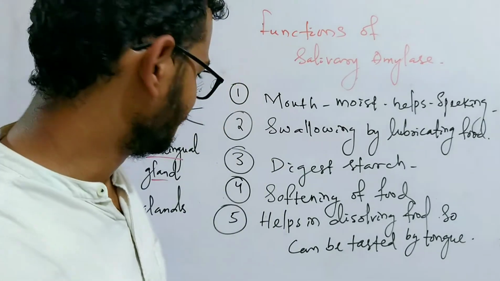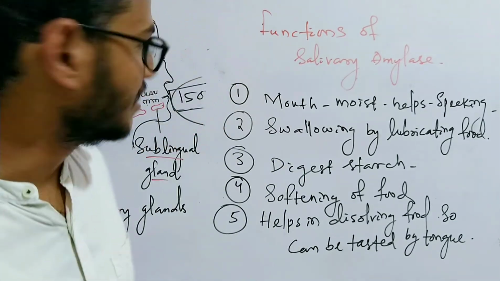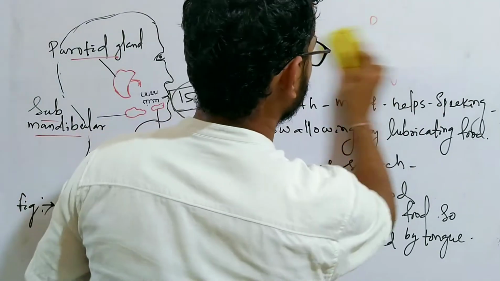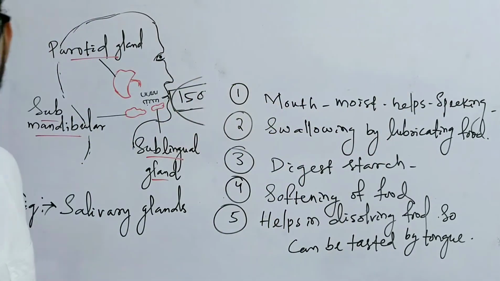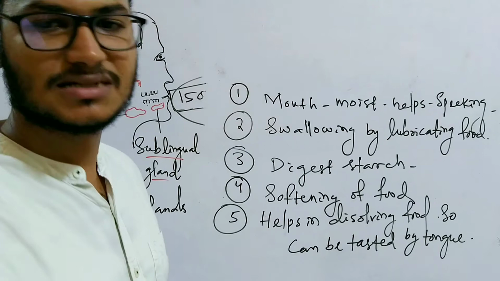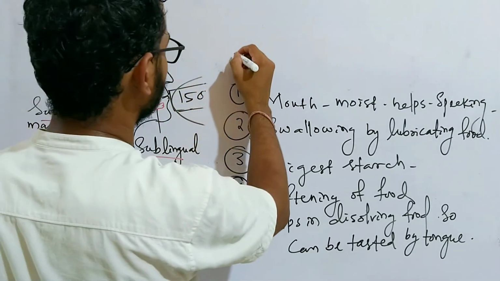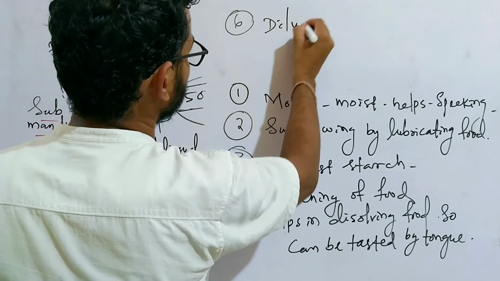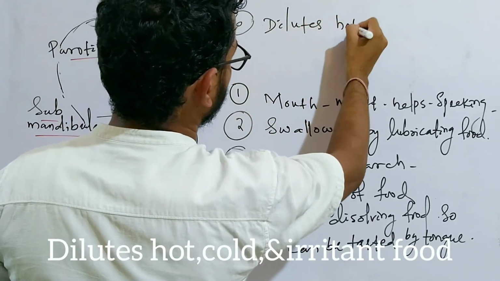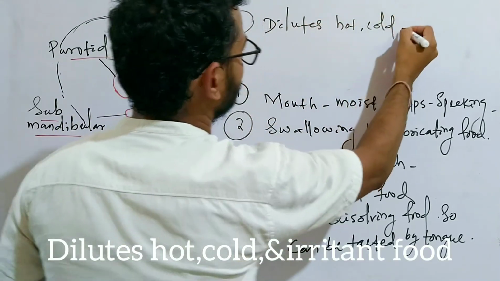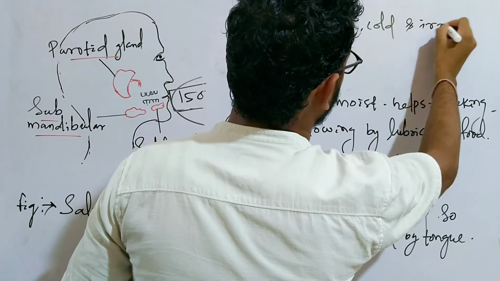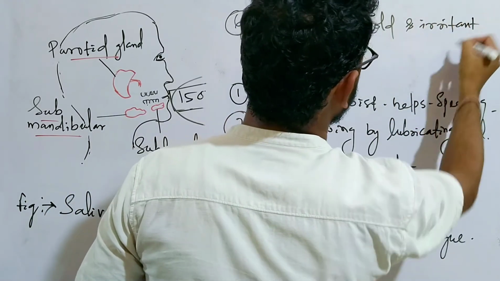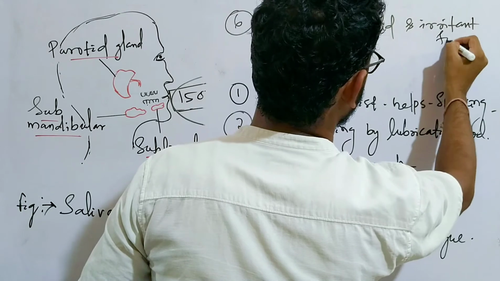Next, the sixth important point. What is the sixth function? It dilutes hot, cold and irritant nature of food.